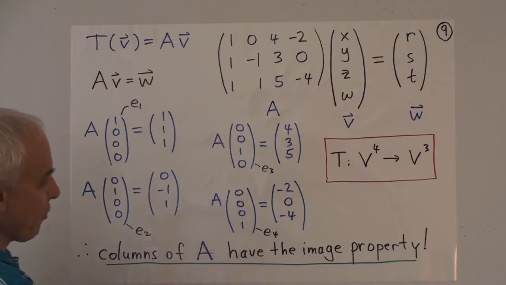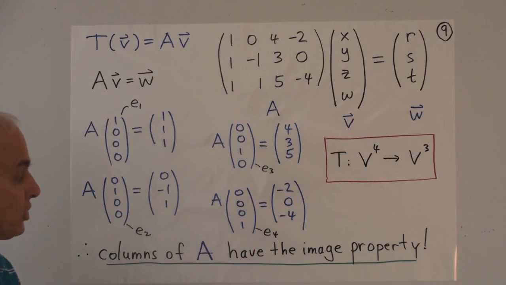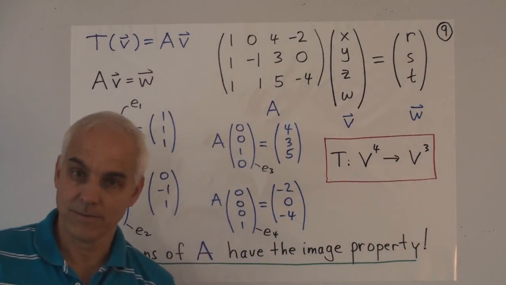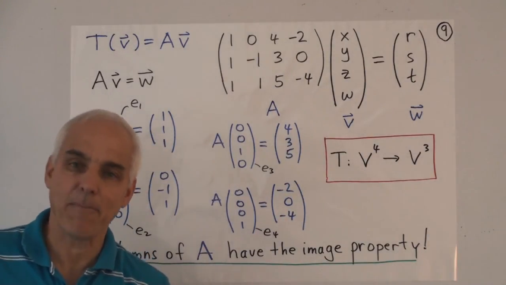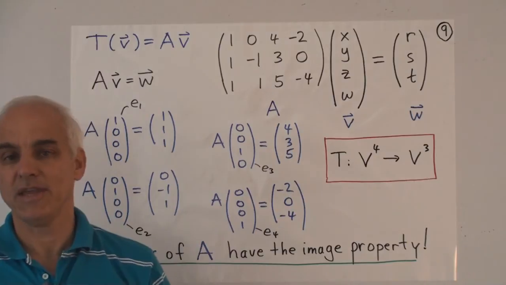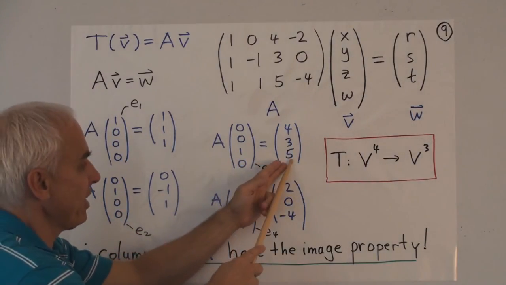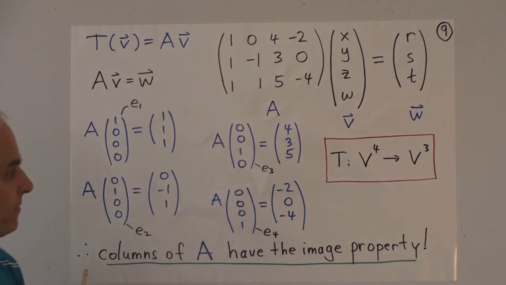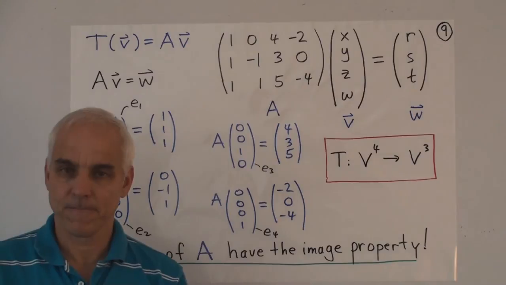And if we multiply by the fourth basis vector, we get the fourth column. So we see that the columns of the matrix A do have the image property. They're examples of vectors which are in the image of T, because each one of these vectors is actually A times some vector in V4. So at least the columns of A have the image property.